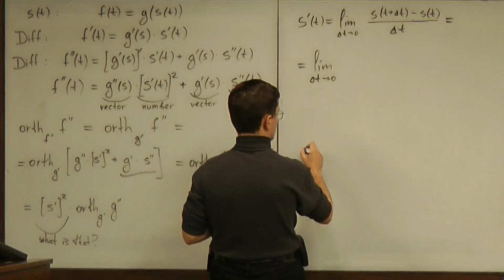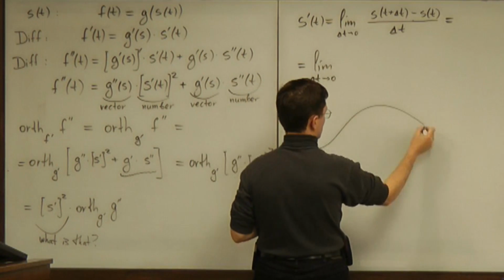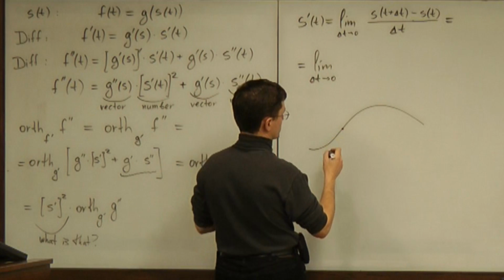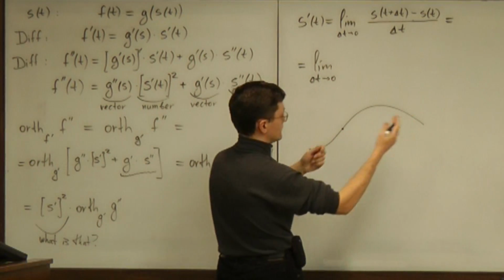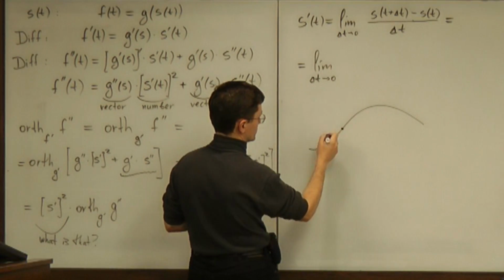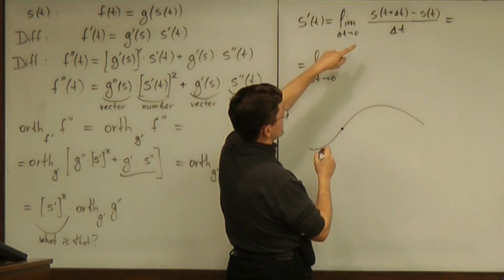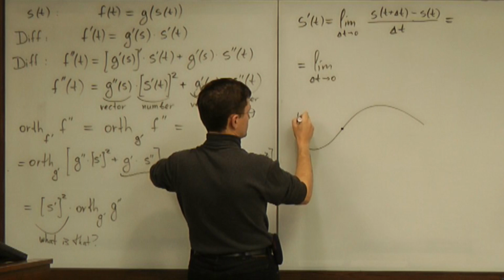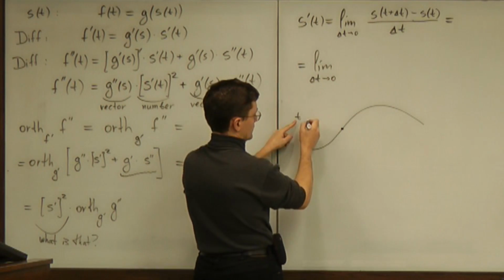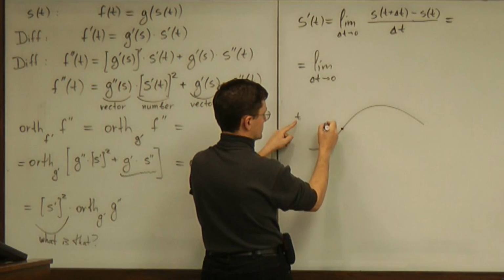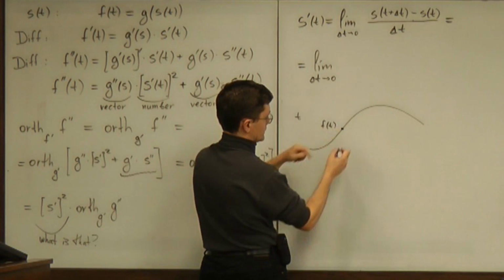And what I involve is this picture of how the cars are moving. So what I have there is, I have some time t, and at that time the first car is in the position f of t, right here.